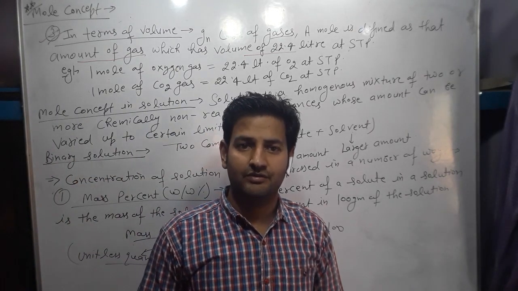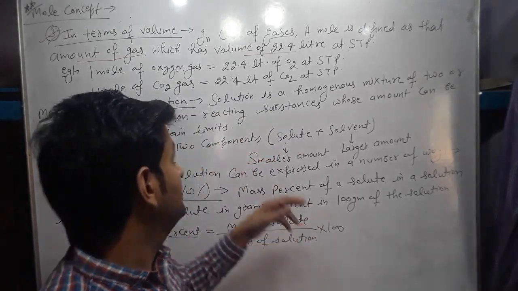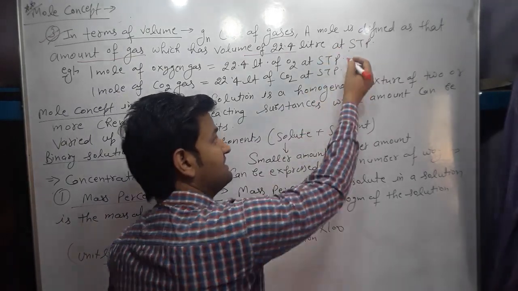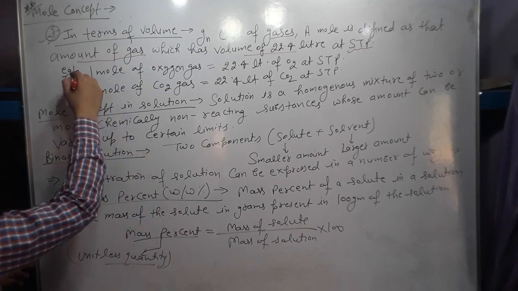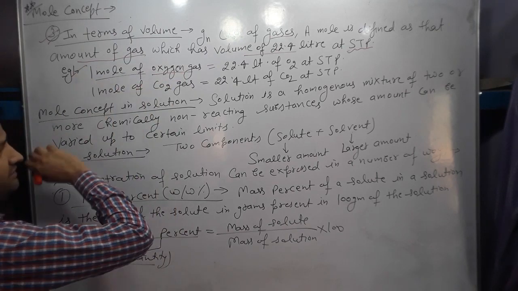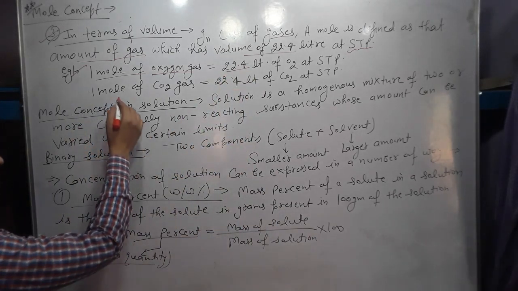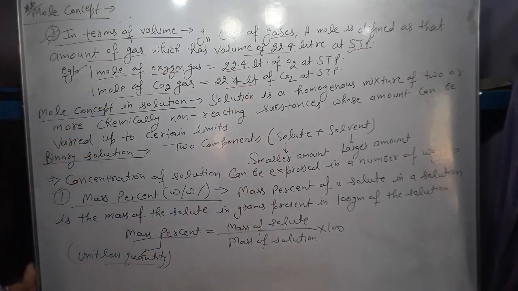It means if we are given 1 mole of gas, the volume of the gas is 22.4 liter, but the condition should be standard conditions of temperature and pressure. Example, 1 mole of oxygen gas. If we are given 1 mole of oxygen, it means at STP its volume is 22.4 liter. 1 mole of carbon dioxide gas means its volume is 22.4 liter of carbon dioxide at STP.